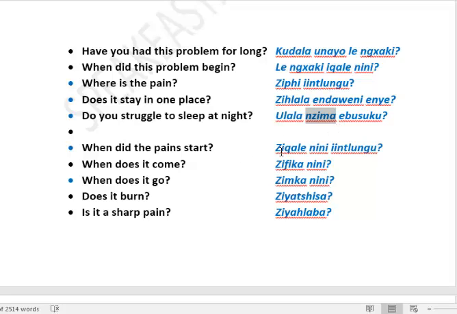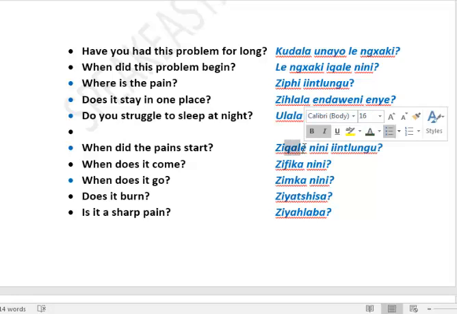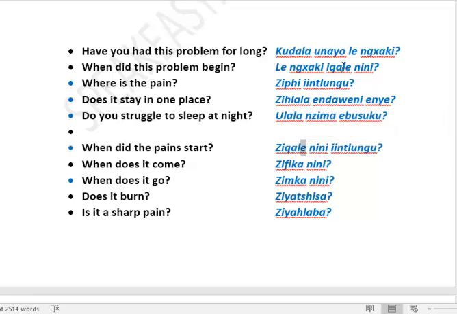When did the pains start? Ziqale nini inhlungu? So here we've used qale twice, and notice the E ending. This is something we will be coming back to later on with the uses of verbs, but take note for now that that e refers to something that started in the past.